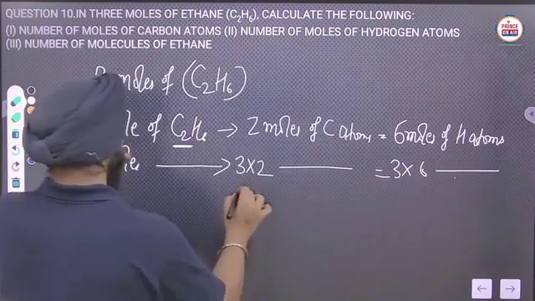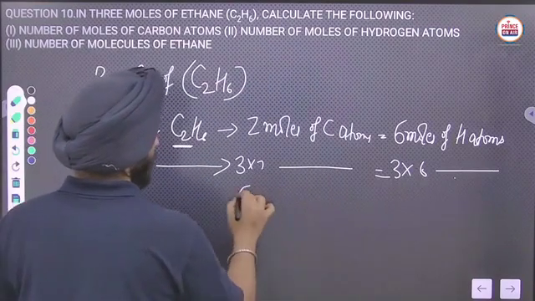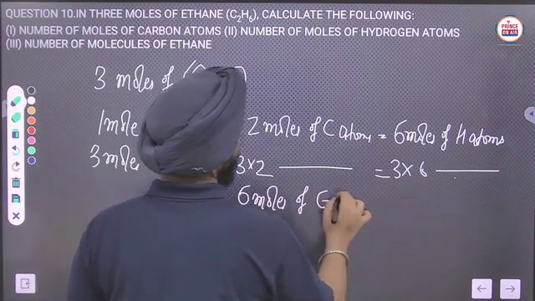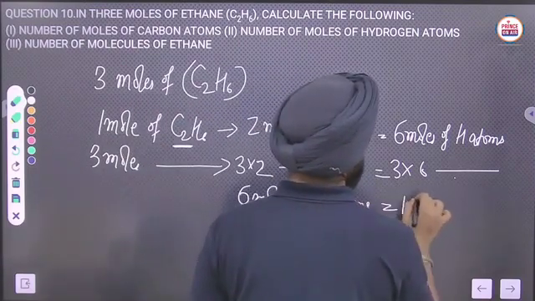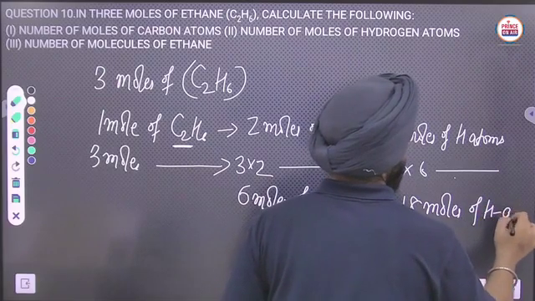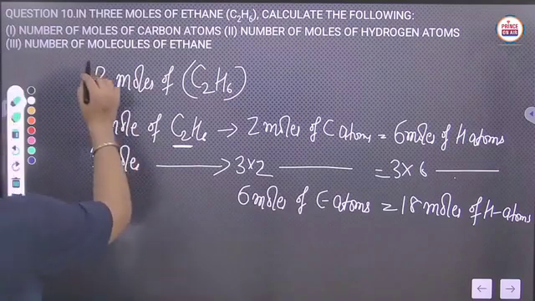So it will come out to be 6 moles of carbon atoms and 18 moles of hydrogen atoms.